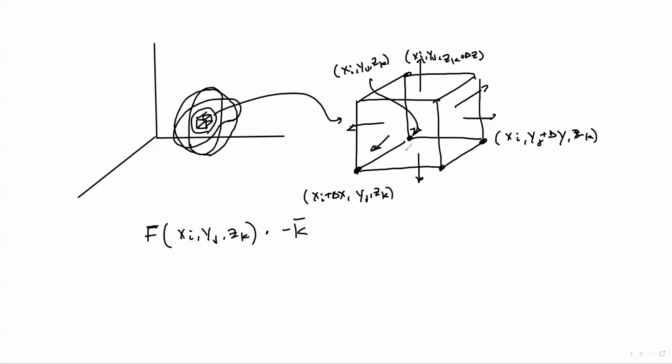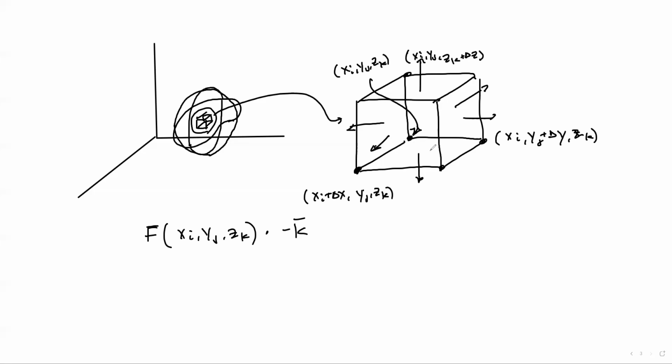It's because we're trying to find the degree to which the vector field points downward at this point. If it points downward, we would get a positive value from the dot product, because this one would have a negative k, this one would have a negative k, and they would combine to give us a positive value. So we're taking the vector from the vector field there and dotting it with this vector to figure out the degree to which the vector field points downward out of the bottom.